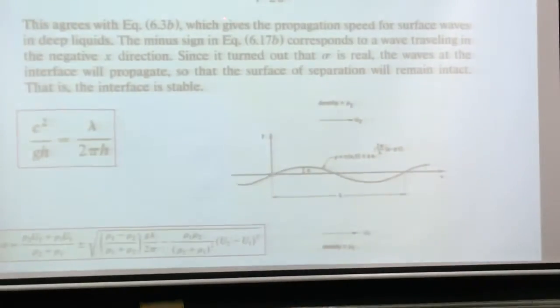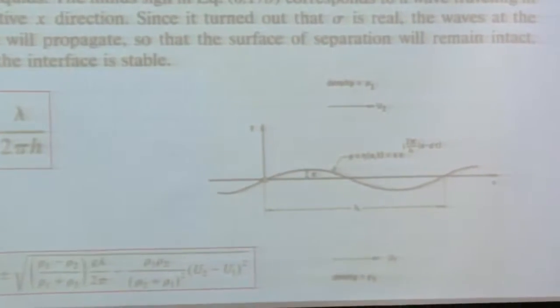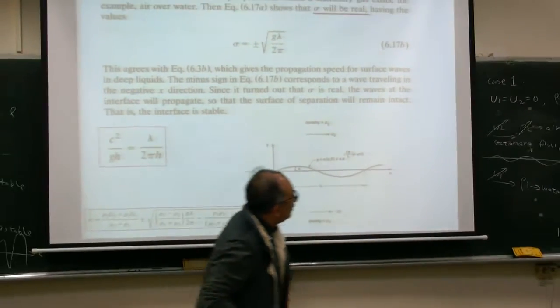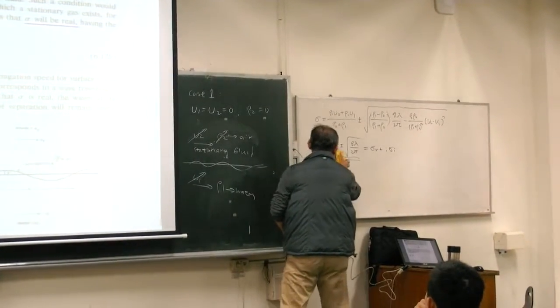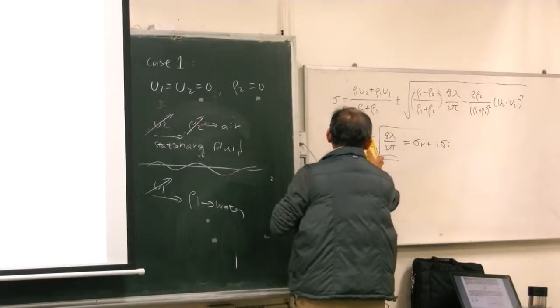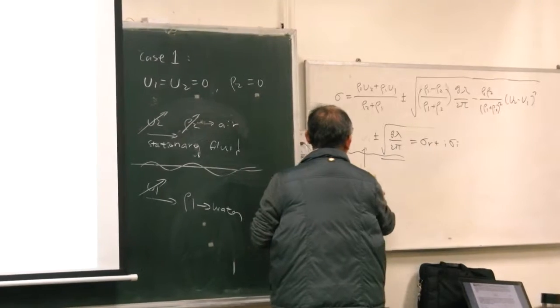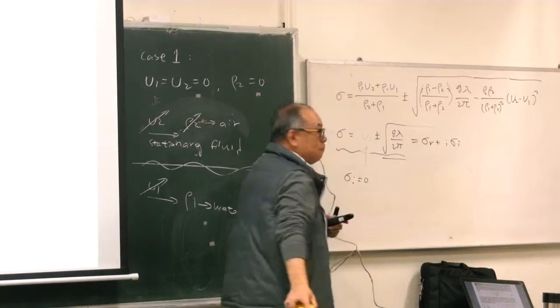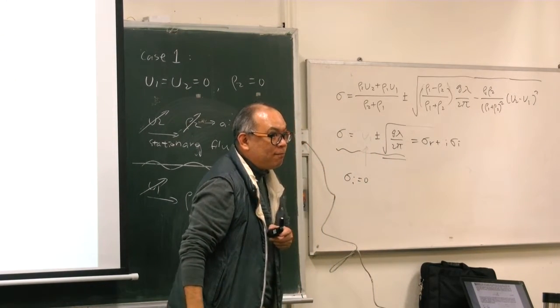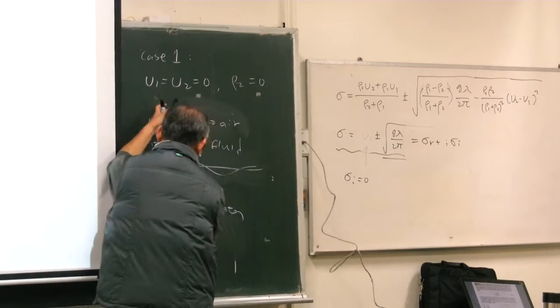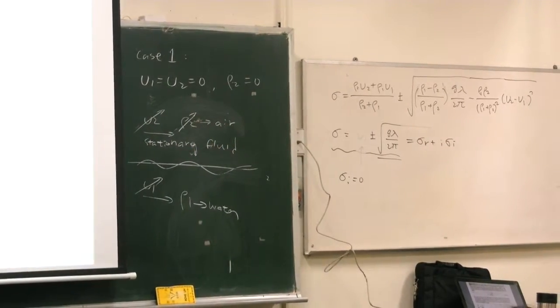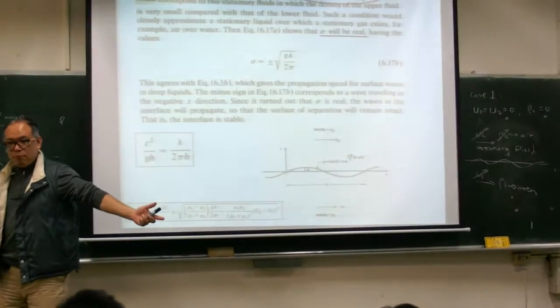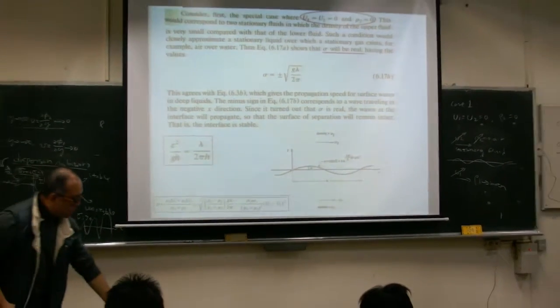Sorry, I made a mistake. U1 should be equal to 0. For this case, it's all real numbers.